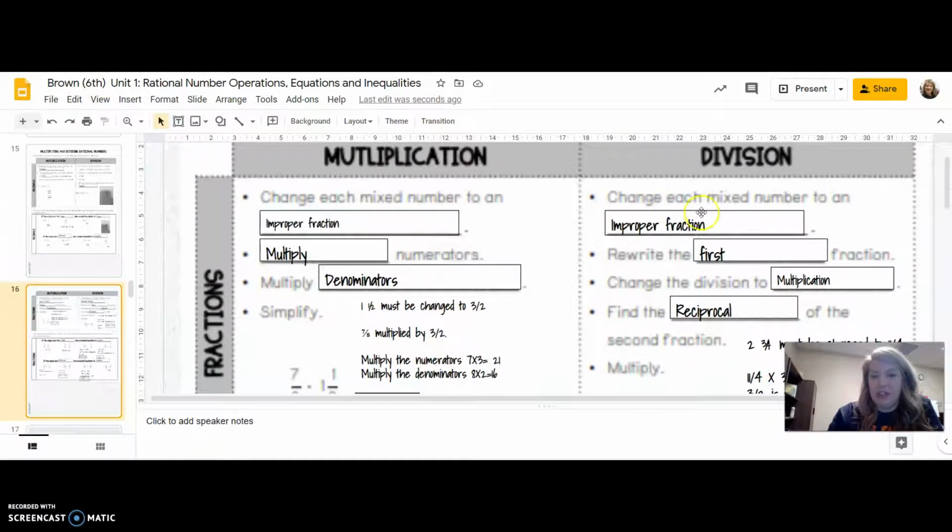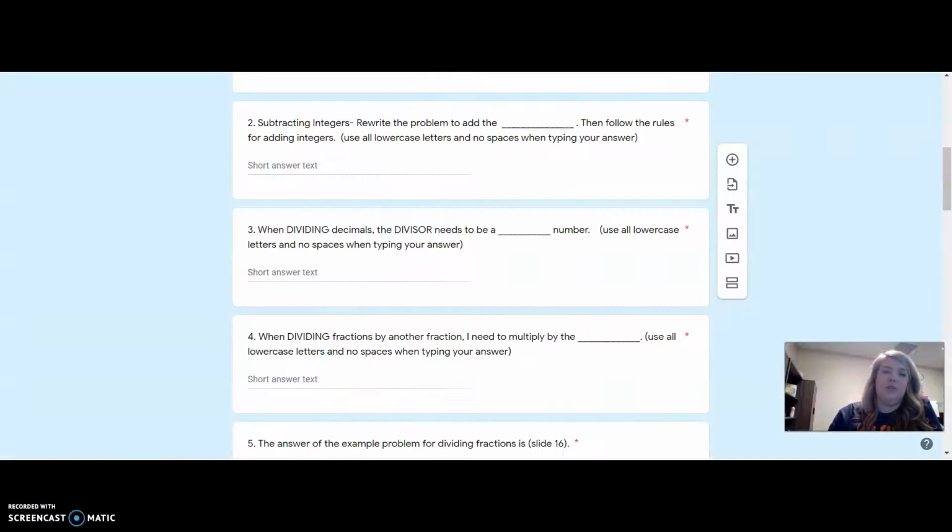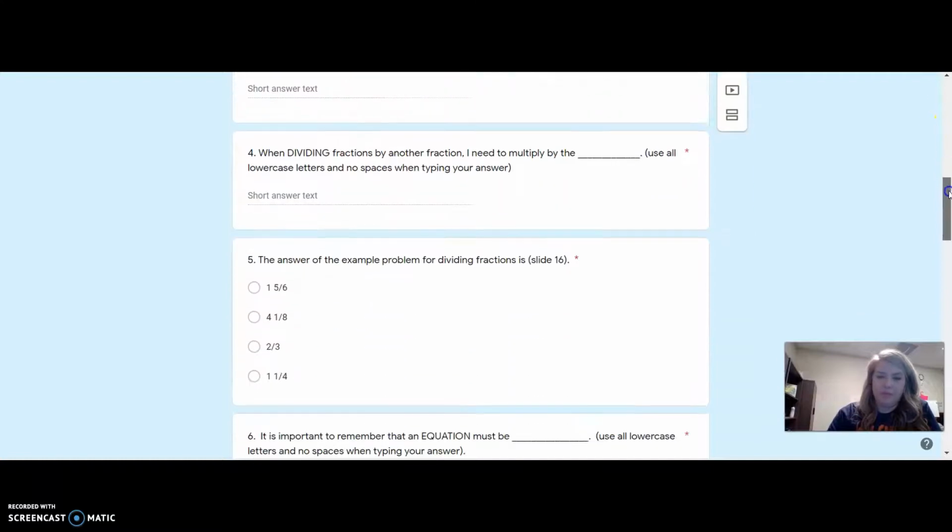When dividing fractions, we change the number to a mixed and an improper fraction, rewrite the first fraction, change the division to multiplication, and find the reciprocal of the second fraction. So for number 4, when dividing fractions by another fraction, I need to multiply by the reciprocal. I also accepted an answer of inverse and opposite if you had that. So I did accept a couple of different answers on that one.